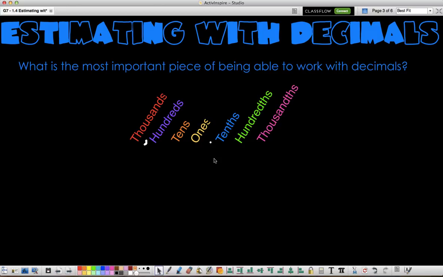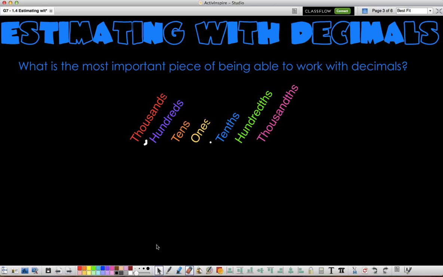If I ask you for the value, I'm asking how much is it worth? And then notice after the decimal, everything has a th after it. Remember that after the decimal, it's like having a fraction. So we don't have a oneths place because anything over 1 is a whole number. We don't have whole numbers behind the decimal, so there is no oneths place.